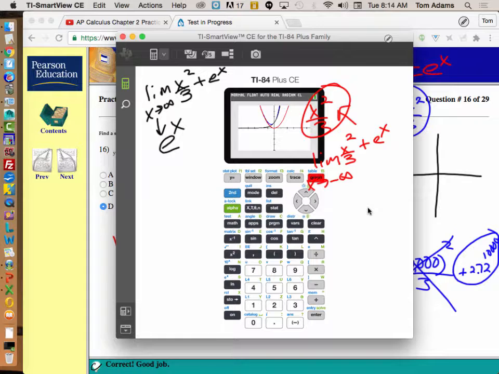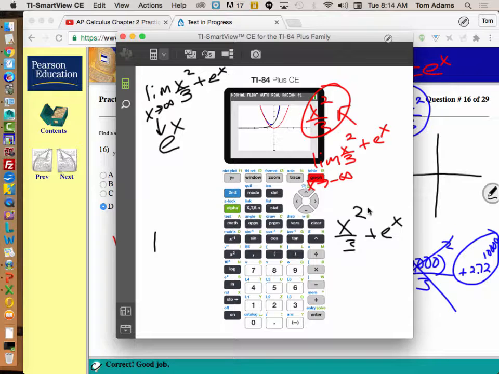Well, for a calculator to calculate this expression, that's a little bit of work. But let's say I'm only interested in the left end behavior.